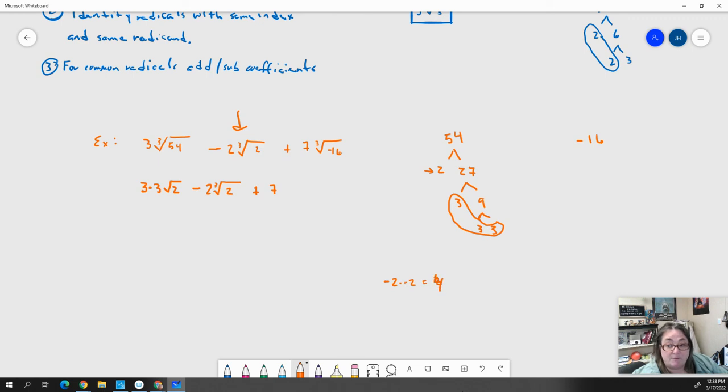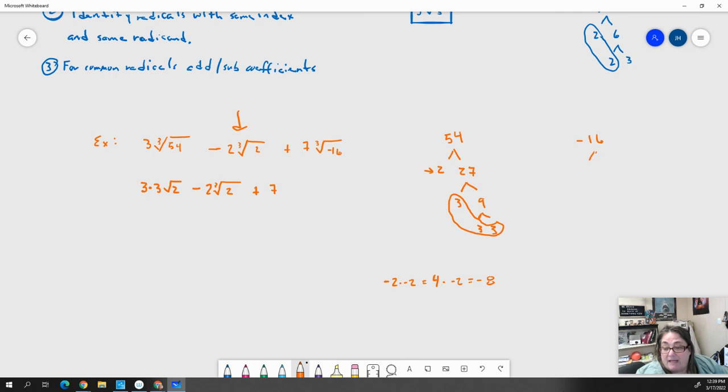Positive 4, which is where we would come in with that imaginary number. But if I multiplied it times another negative 2, that gives me negative 8. And so we can have negatives underneath a cube root.